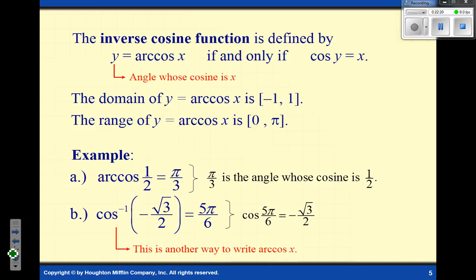So where on the unit circle can I get a negative cosine? I can get it in the second quadrant, because the third quadrant is the dead zone. We stay out of the third quadrant. So what angle has a 30-degree reference angle in the second quadrant? It's 150. And so 150 would be 5 pi over 6. And then you go backwards and you say, what is the cosine of 5 pi over 6? It is -√3/2.